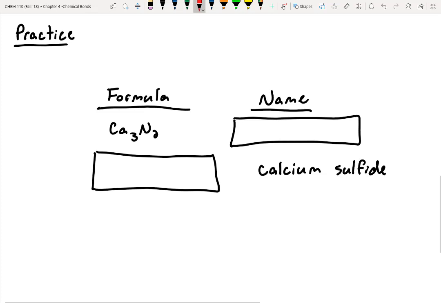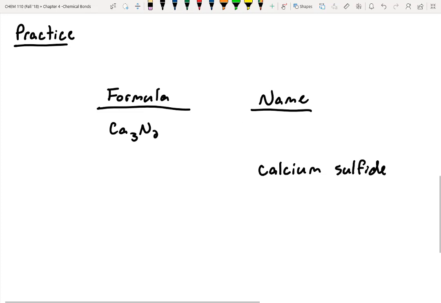All right, let's try to do this together. So first one, we've got 3 calciums. We don't use the prefixes, we just stick with calcium, right? We know it's ionic because it's between a metal and a non-metal. So this would just start out with calcium.